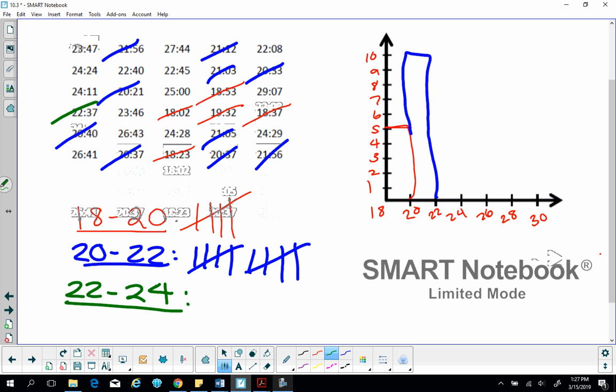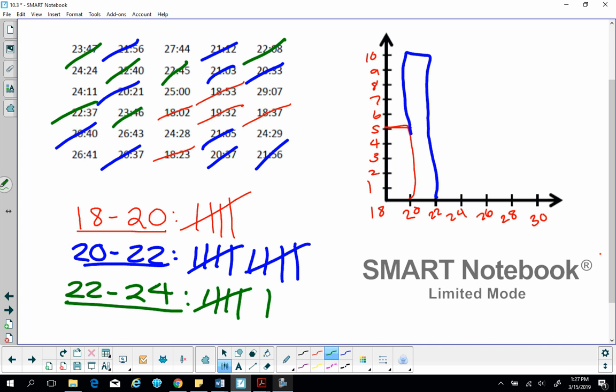This is the last one that I'm going over to. So 1, 2. How many in this column are between 22 and 24? 1, 2. 2. There you go. This column? 1. This column? 0. This column? What'd you say? 1. How many is that total? 6.